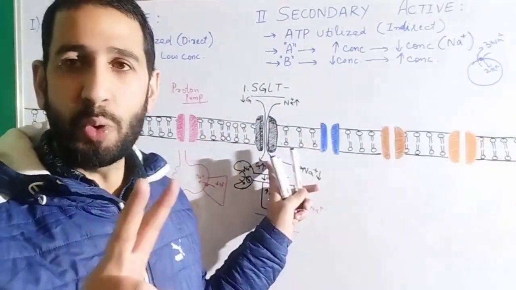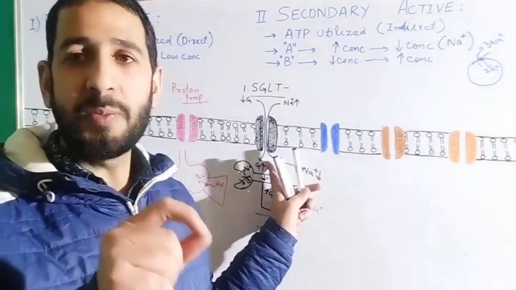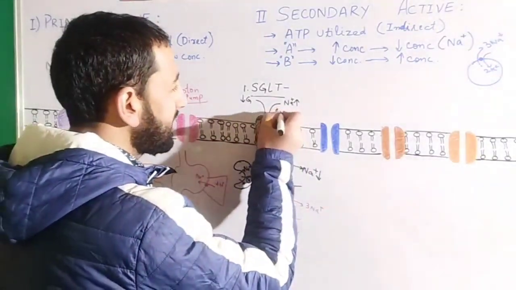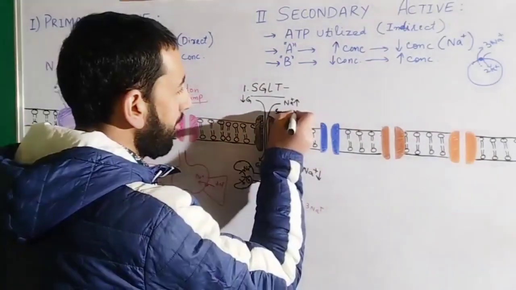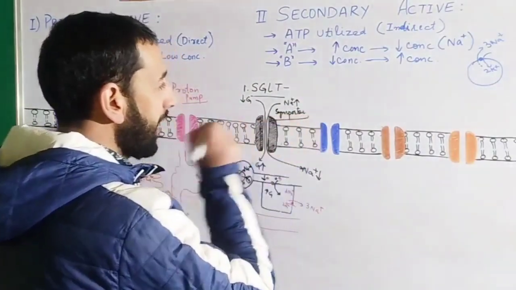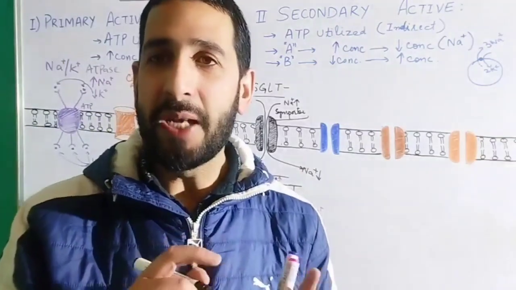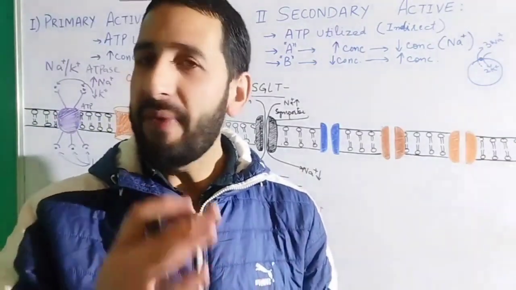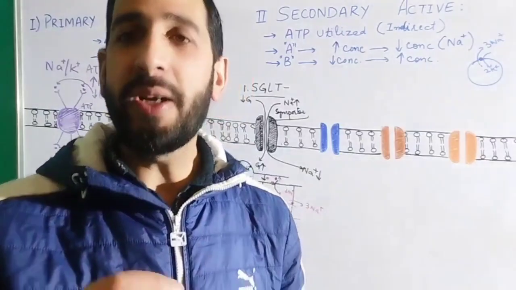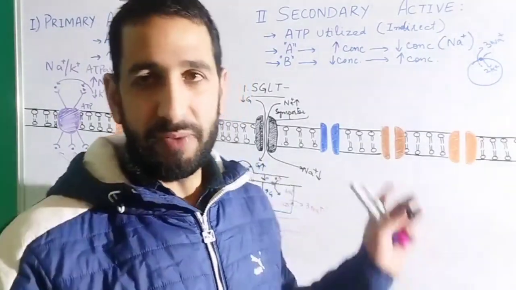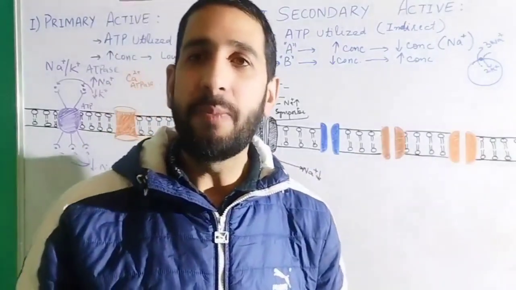Symporter means when two substances are being transported in the same direction, and when these substances are being transported in the opposite direction, they are called antiporter. We will talk about an example of antiporter as well.